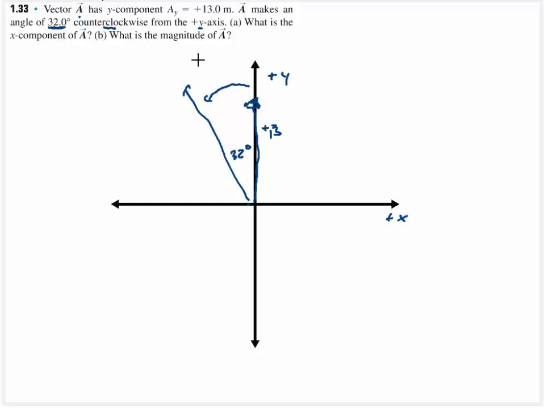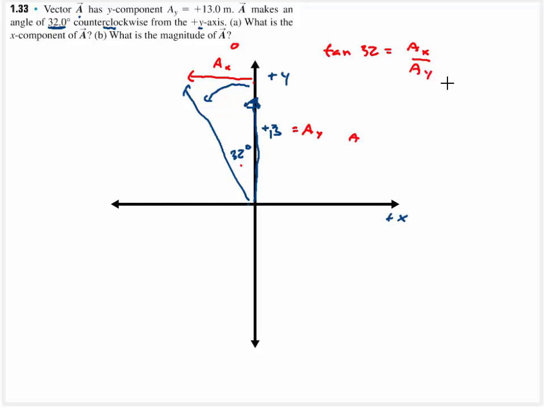Essentially, what I'm looking for is the x component of this. So that's going to be equal to Ay, and that's going to be equal to Ax. And this is just a triangle. A little bit of SOHCAHTOA here. So here I have the angle, it's going to be the opposite side, and this is going to be the adjacent side. So tangent of 32 is going to be equal to the opposite divided by the adjacent, just like that.